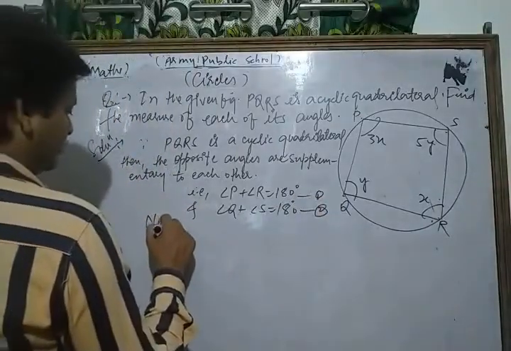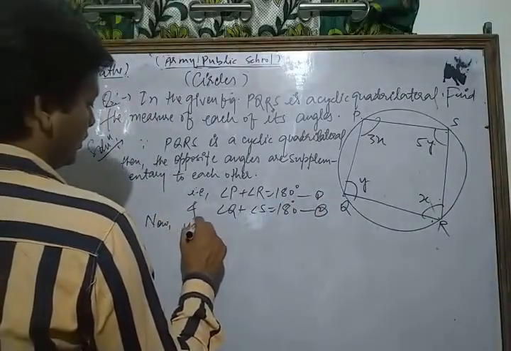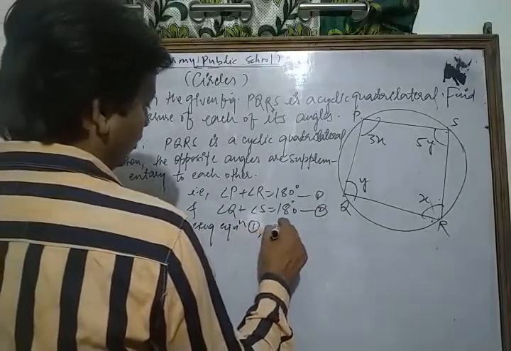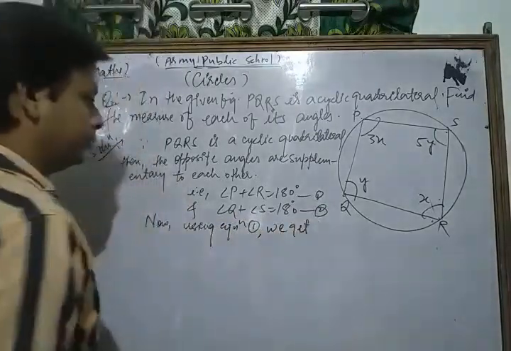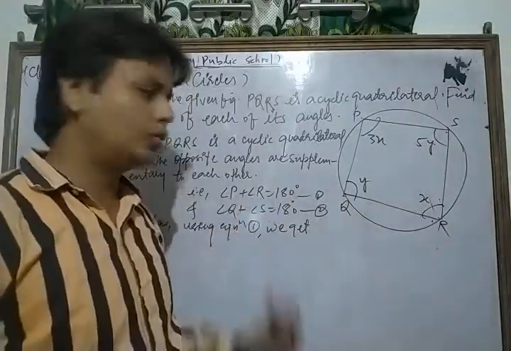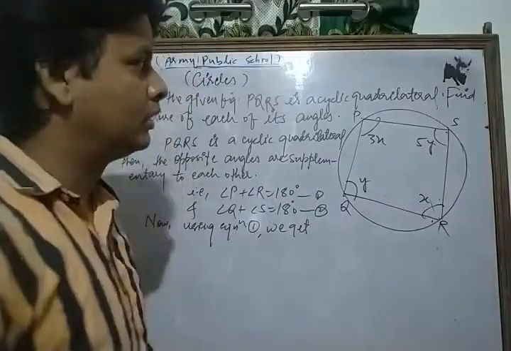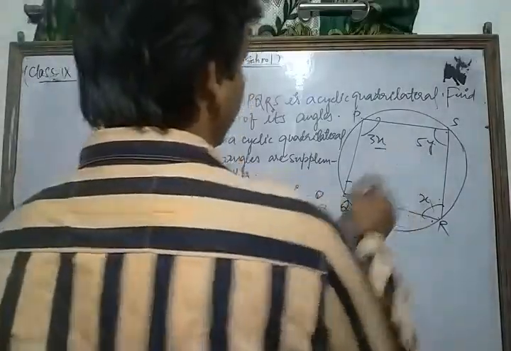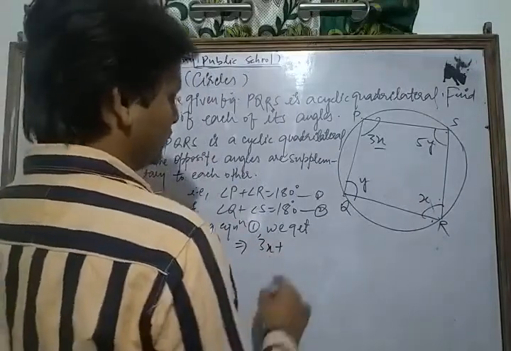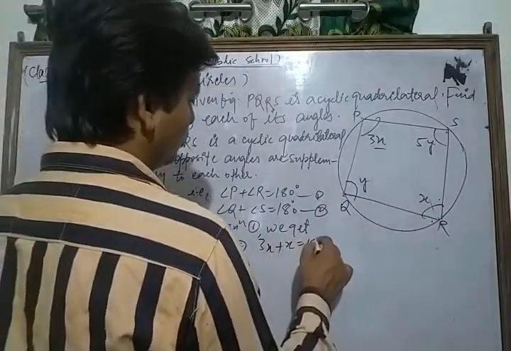Now using equation 1, we get angle P plus angle R is equal to 180 degrees. So angle P is 3x, plus angle R is x, equal to 180.